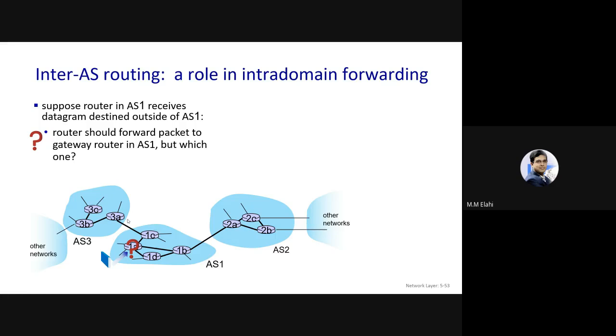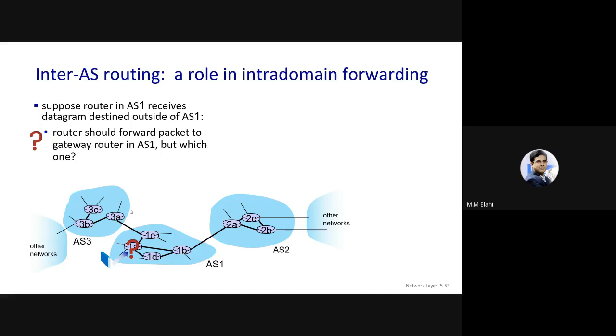These gateway routers have the responsibility of implementing BGP and then informing the internal routers what to do, because you can see the packet arrived at not a gateway router but an internal router. The internal router must know how to get to a destination that is outside this autonomous system. It doesn't know that, but it will know it needs to forward to one of the gateway routers.